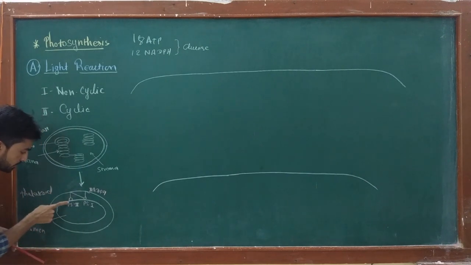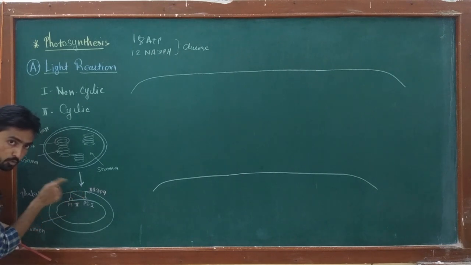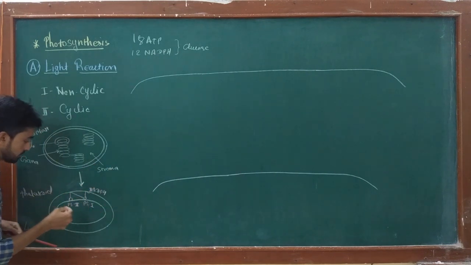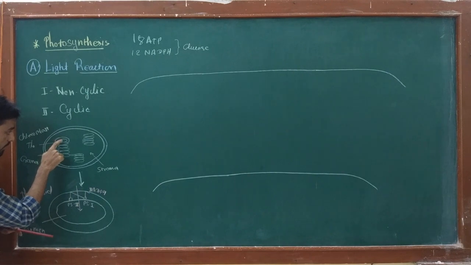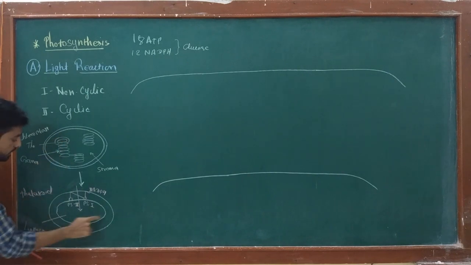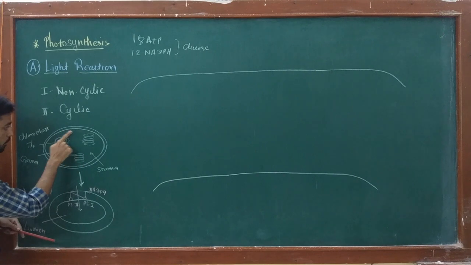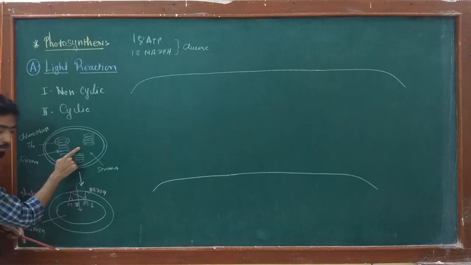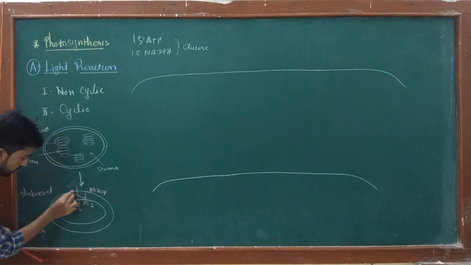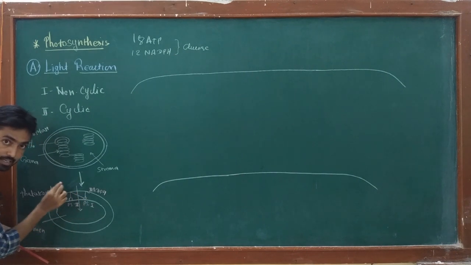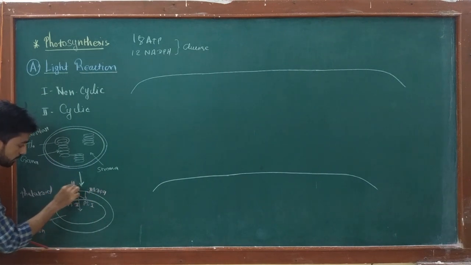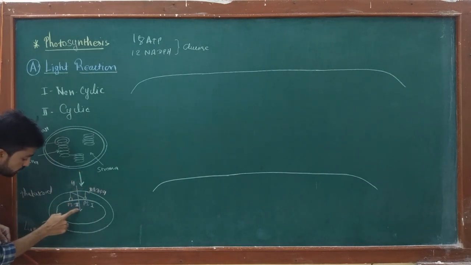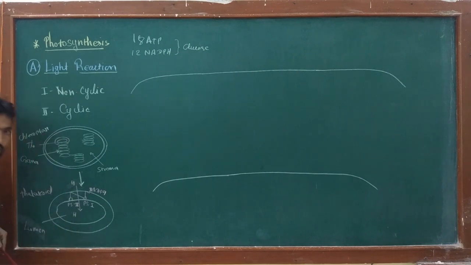When electrons transfer from photosystem 2 to photosystem 1 by electron carriers, some hydrogen ions are pumped from the stroma. Remember that this is the thylakoid sac, and outside the thylakoid sac is a fluid matrix called the stroma. So when electrons are transferred in the electron transport chain in the thylakoid membrane, by using the transfer energy, some hydrogen ions are pumped from the stroma to the lumen of the thylakoid.